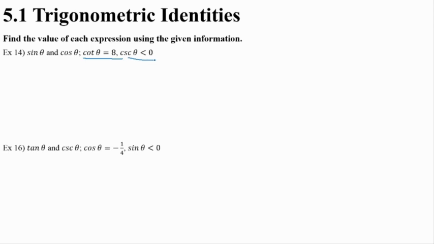Cosecant is negative. So cotangent positive means tangent positive. Tangent positive means quadrant 1 and 3. And cosecant negative means 3 and 4. So finally quadrant 3.